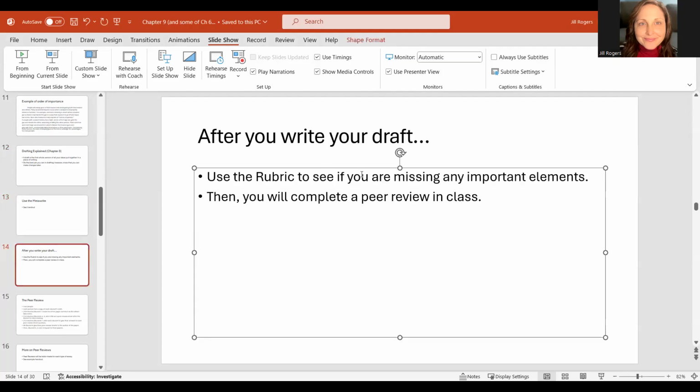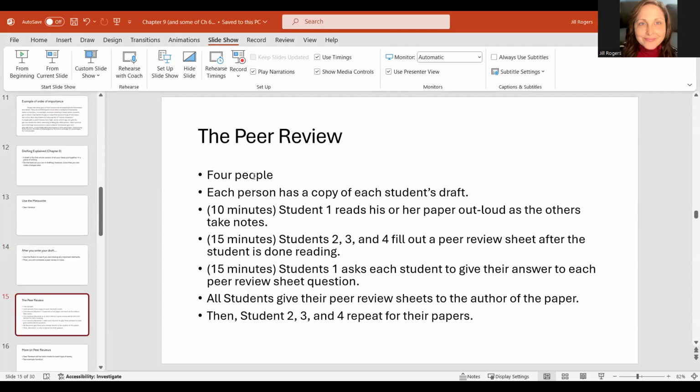After you write your draft, use the rubric to see if you're missing any important elements. I have the video on the rubric, and you can watch that again. And then you will complete a peer review in class. The rubric is great because you know what I'm looking for. So you go through the rubric and you ask yourself, do I have these components of what Professor Rogers wants?